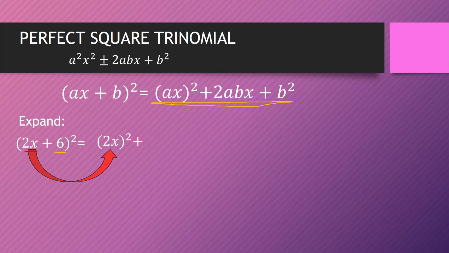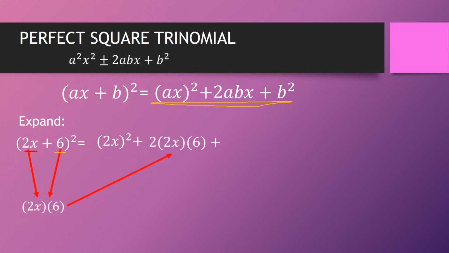What is the second term? You multiply the two terms of the binomial, 2x times 6, which is 12x, and then times 2. Remember, times 2. This 2 is here.